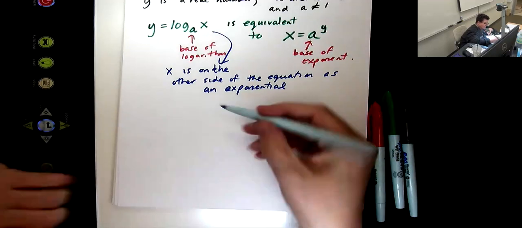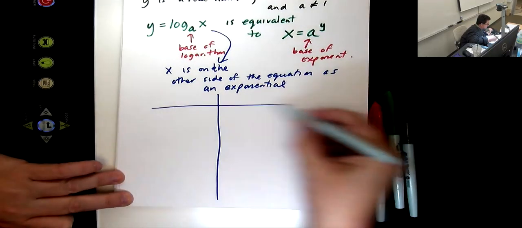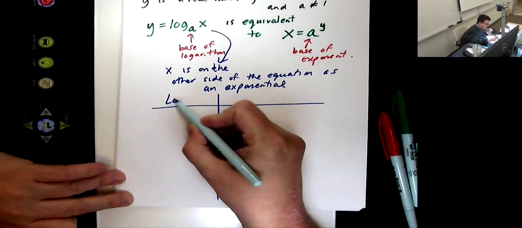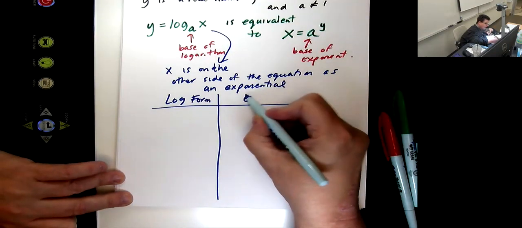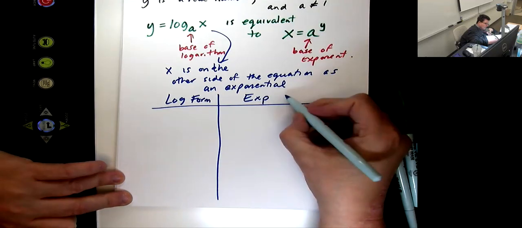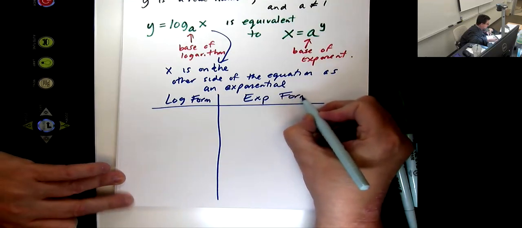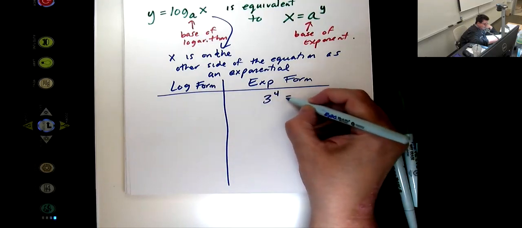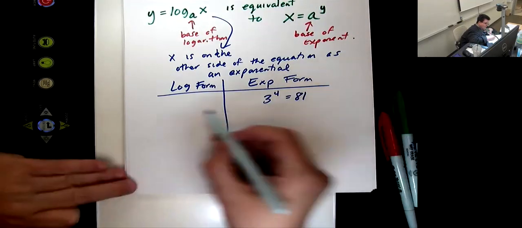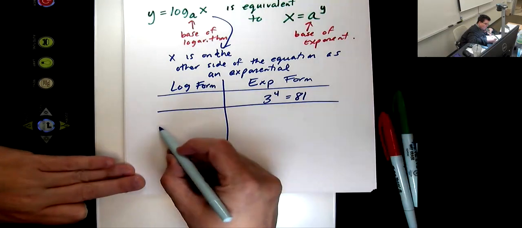So let's give you guys a little practice with this. Let's have the log form over here. That's the abbreviation for logarithmic. The log form, and we tend to say EXP for exponential. Let's start with 3 to the 4th equals 81 here. I can give you a few to try to work through real quick.